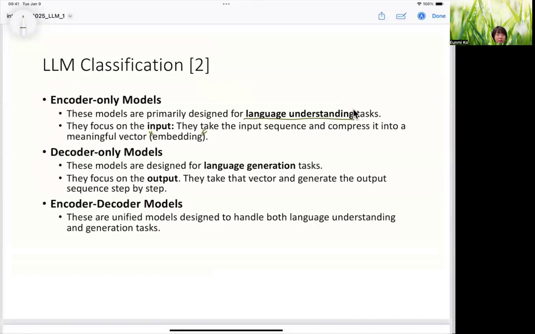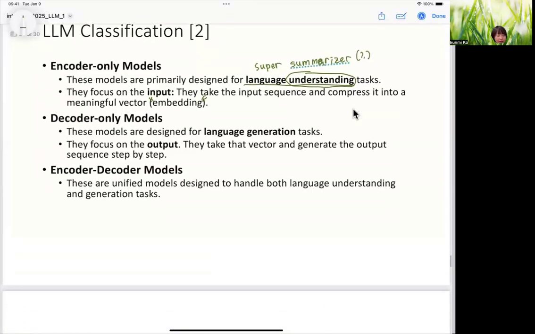if the model is an encoder-only model, then it understands tasks, or it understands language, better, and it summarizes text better. It's a super summarizer.